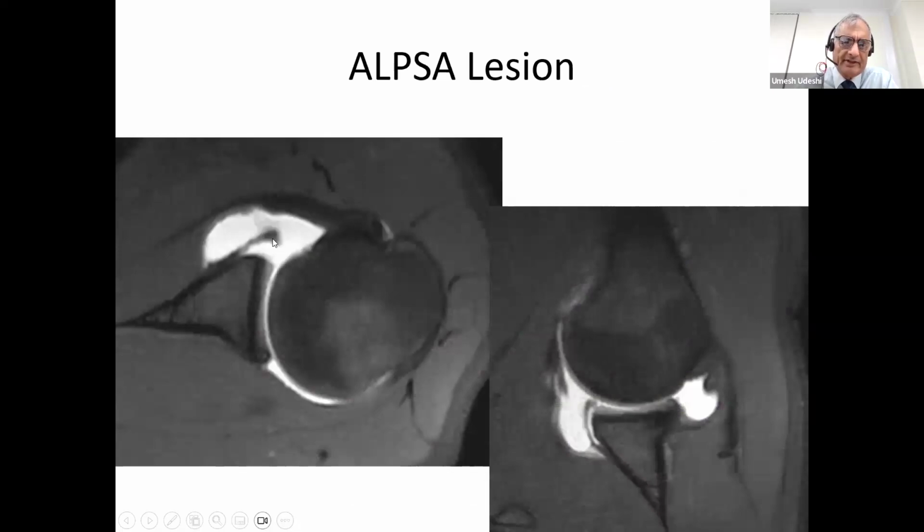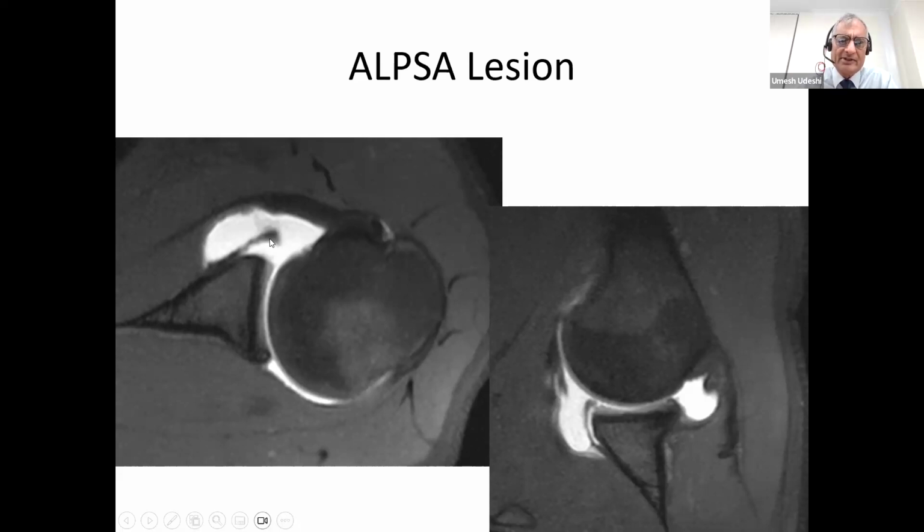So here the labrum is sitting out here in the fresh air or in the contrast pool. It should be attached to the glenoid over here. It's pulled up, but there's also this something or other attaching it to the bone still. So that's the periosteum, which has been pulled off along with the torn bit of the labrum.